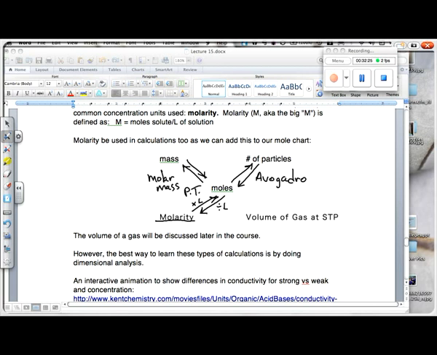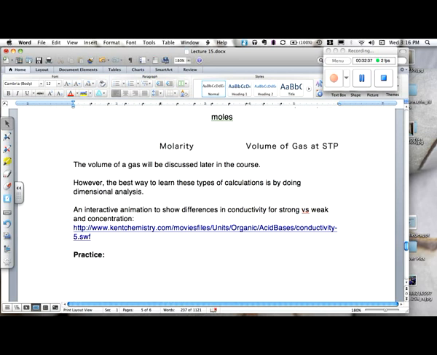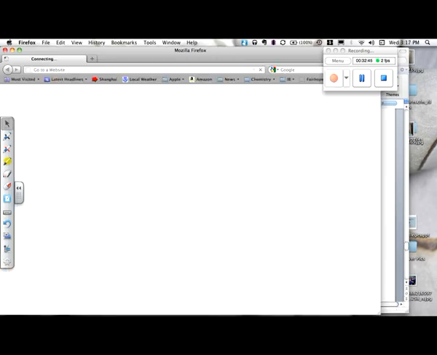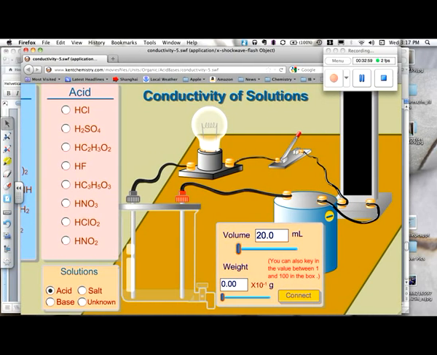So before we do some practice problems, let's look at this simulation that shows you how electricity is conducted based upon whether the substance is strong or weak and also concentration. Okay, so let me get this where you can see it a little bit better. There we go.